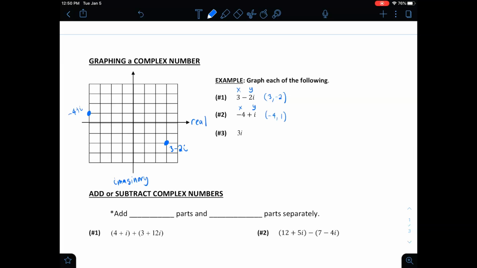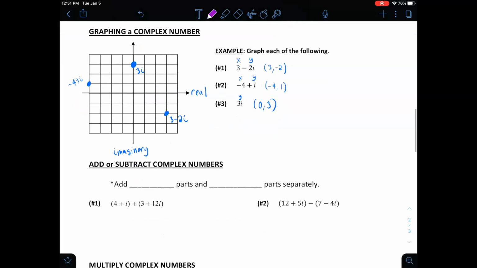And then 3i, there actually is no real number. So it's just going to be y. Our answer is going to be 0, 3 for this one. We're going to go up 3. And we get 3i. Okay? So it's similar to graphing regular numbers, but we're graphing the real part and the imaginary part to make complex numbers, basically, okay?